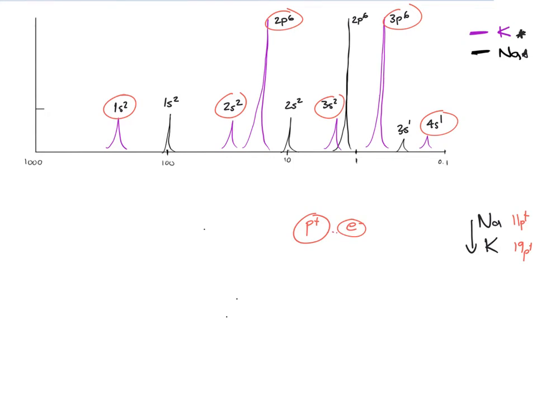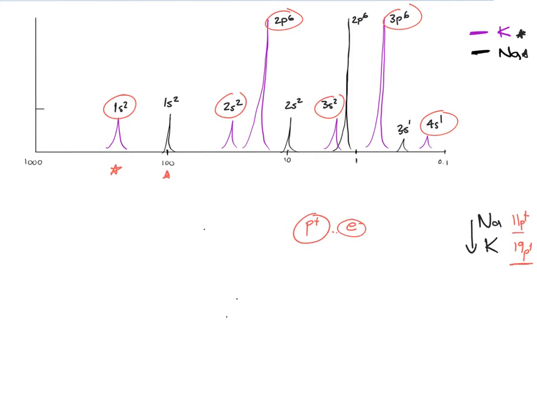Now, the reason we would see a much larger value for potassium's electrons in the 1s orbital when compared to sodium's is because the number of protons in potassium is much greater than in sodium.